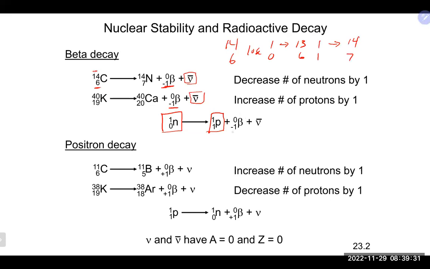And here it also gives off a beta particle, which has 0 and -1. So although it does appear that this number doesn't change, it actually is changing. We're gaining a proton along the way, which changes the mass number and the atomic number back to 14.